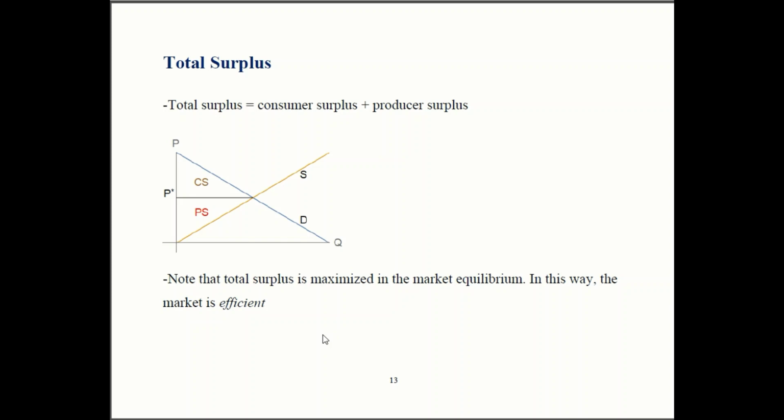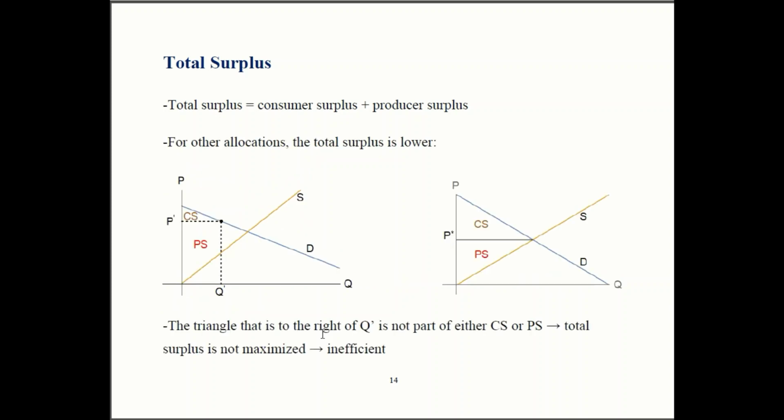So I claim that the market outcome is efficient in this sense, that it maximizes total surplus. If I were to try any other price other than this market price, total surplus goes down. So let's verify that. So here is a price P prime. P prime is above the market price.